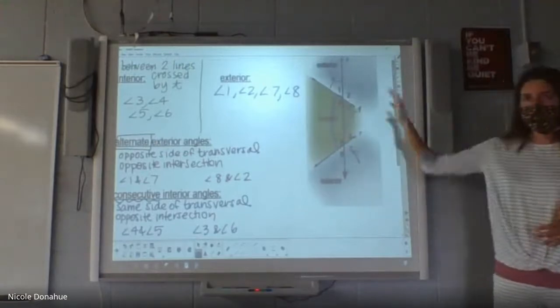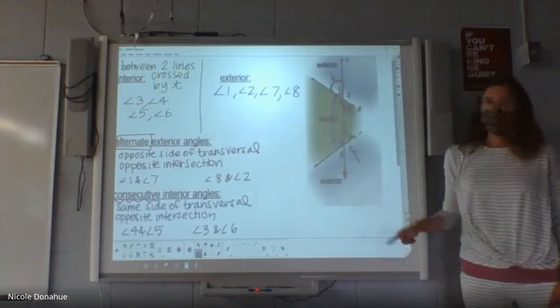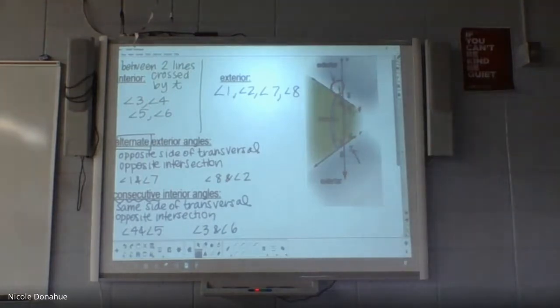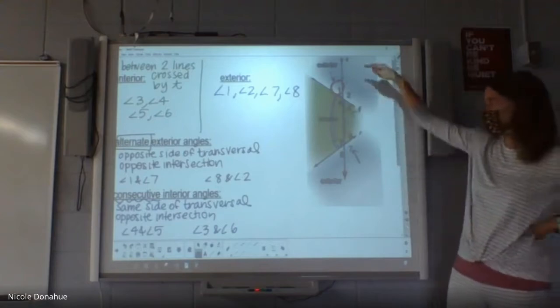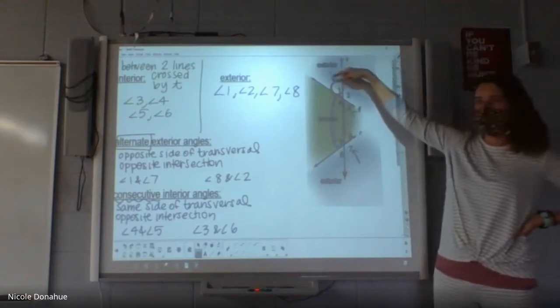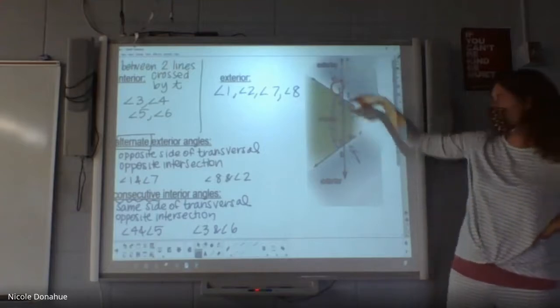Same position, different intersection. So if I'm talking about angle 1, look at the other intersection. What angle is in the same position as angle 1? Think about it this way, maybe I'm not explaining it very well. Upper left corner of this intersection, or the northwest corner of that intersection.